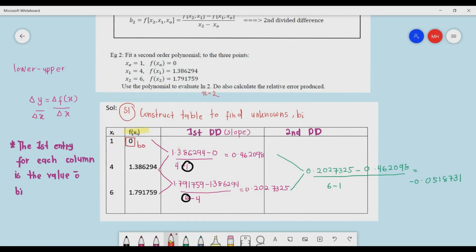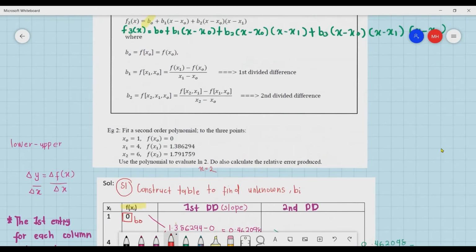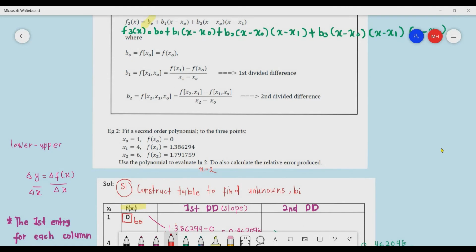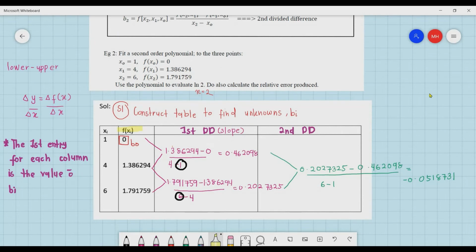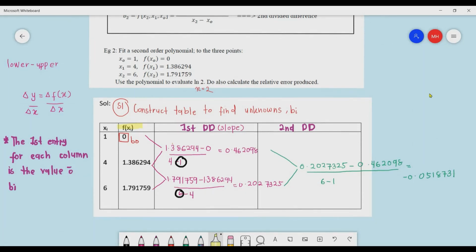So the first entry for each column, as you can see here from the formula, the b naught is basically your fx naught. So start from fx. So this one is your b naught. What about b1?